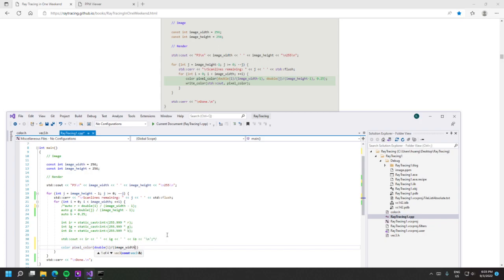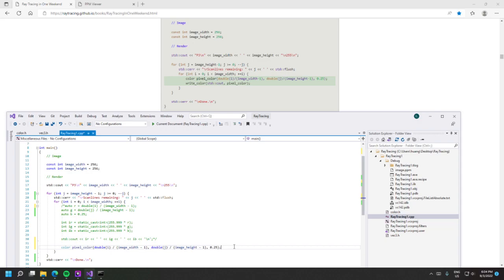Image width minus 1 and double j. This is a very similar calculation, I think. We're just changing the sum of the variables to the objects we already declared.